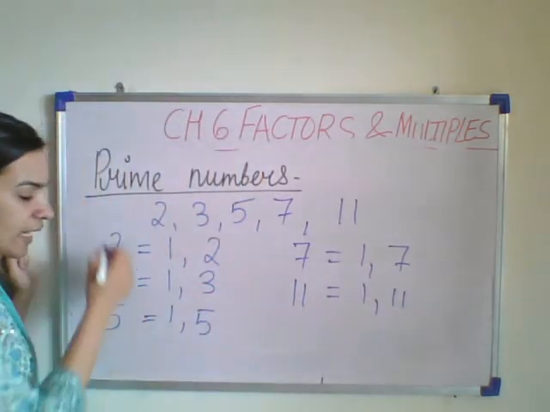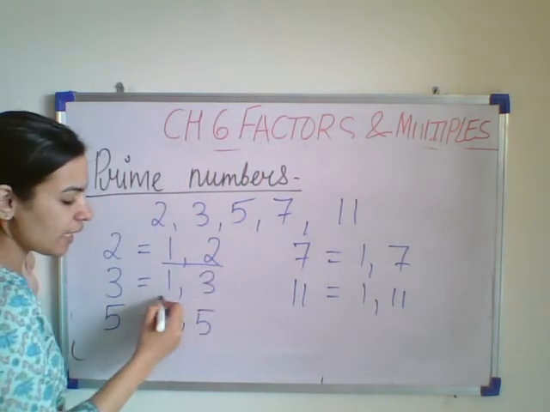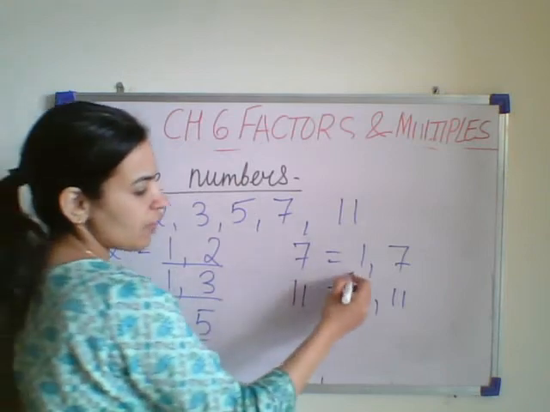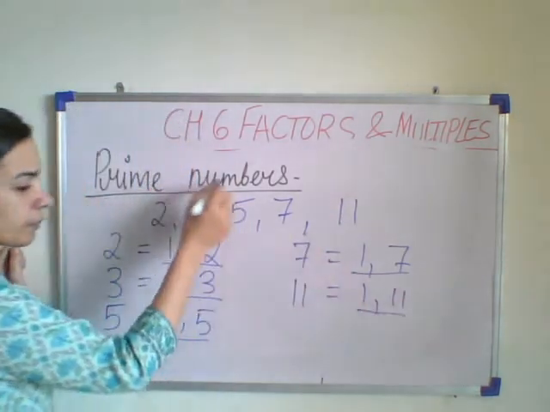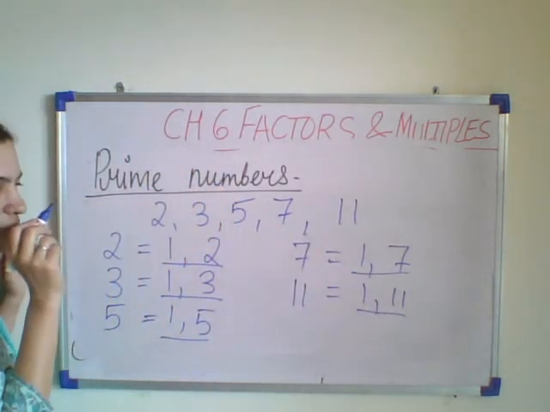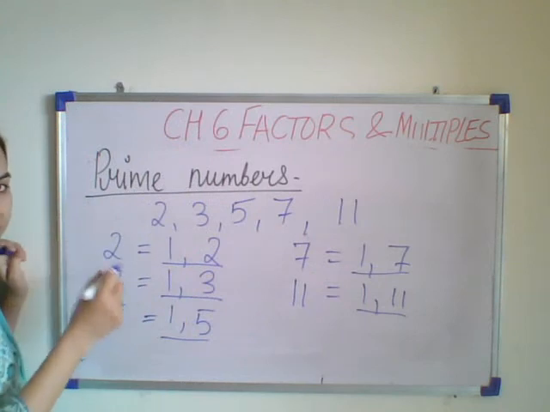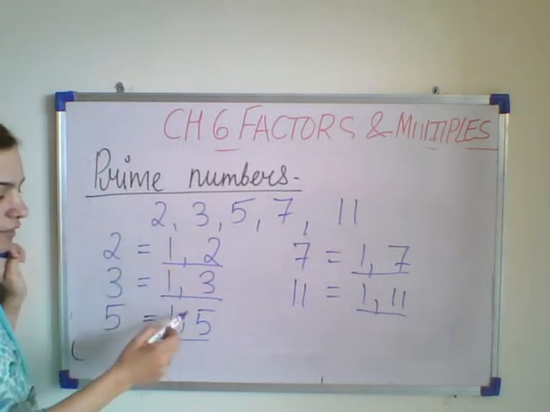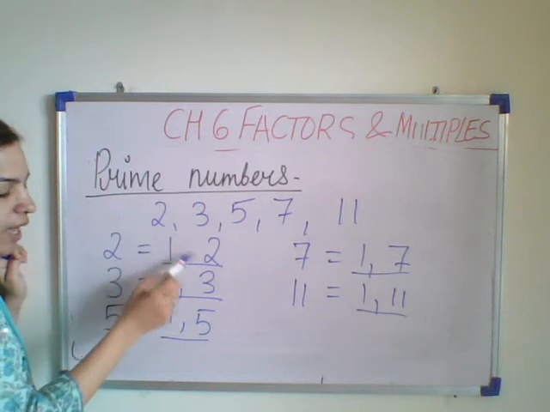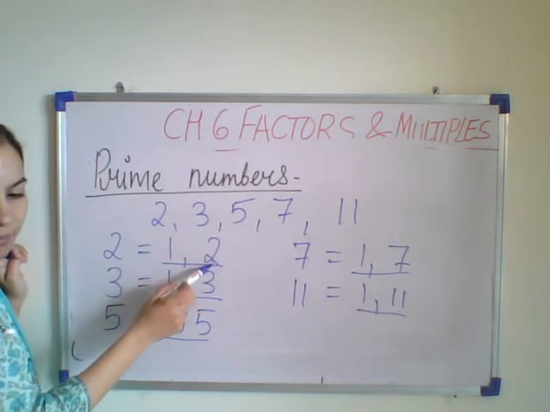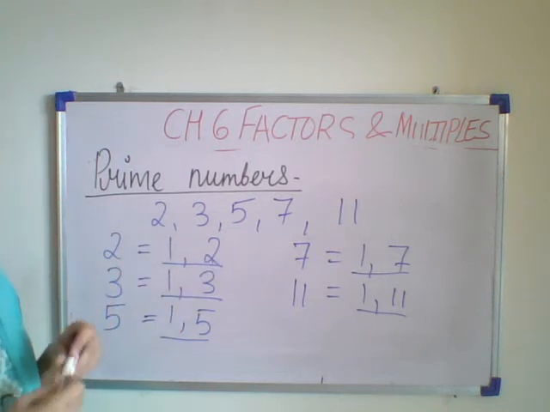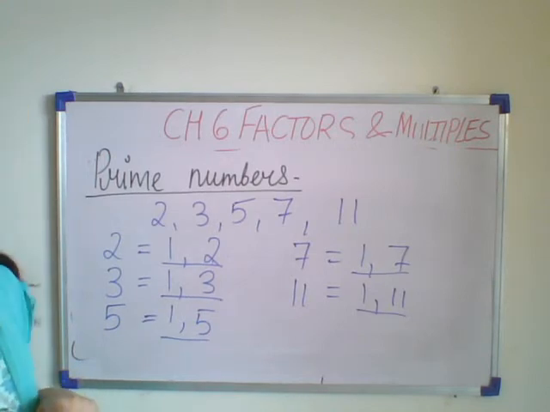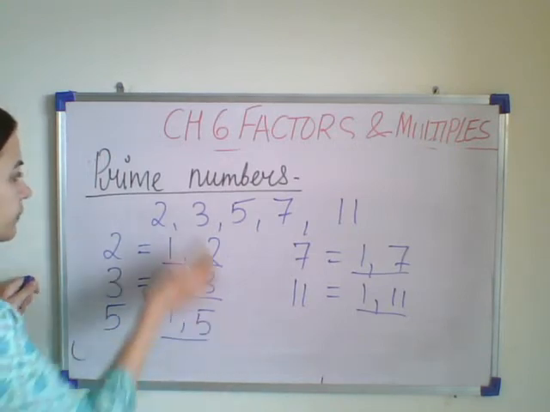So you can see that every such natural number has exactly two factors. So what are prime numbers? Prime numbers are those natural numbers which have exactly two factors, that is 1 and the number itself. Next let us study the composite numbers.